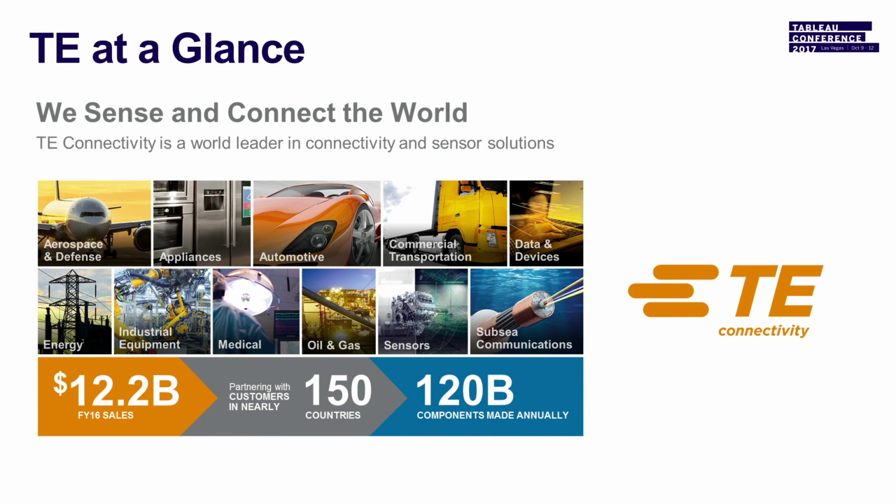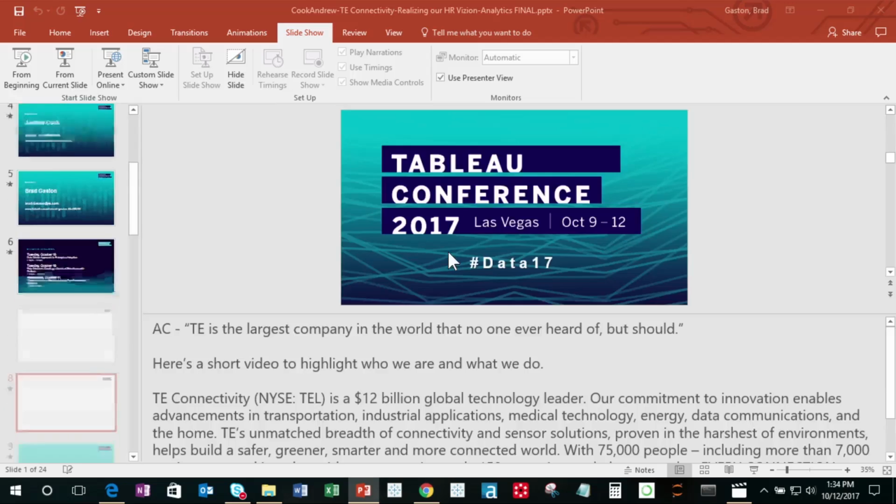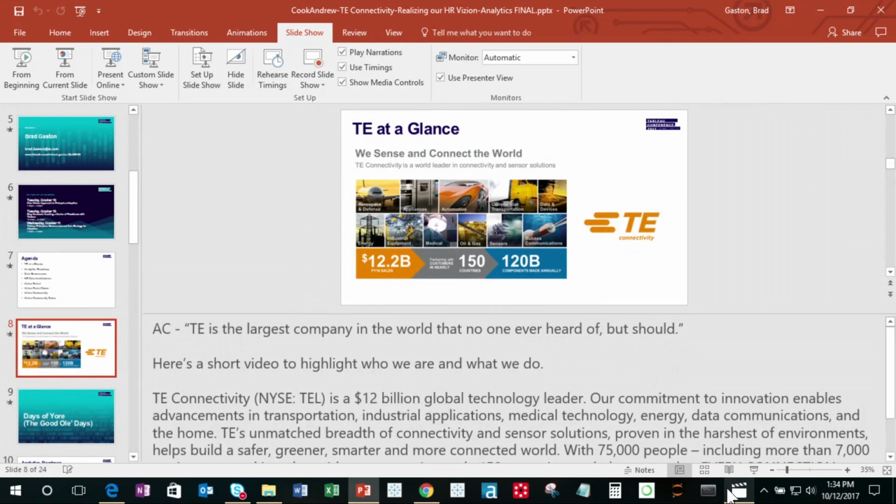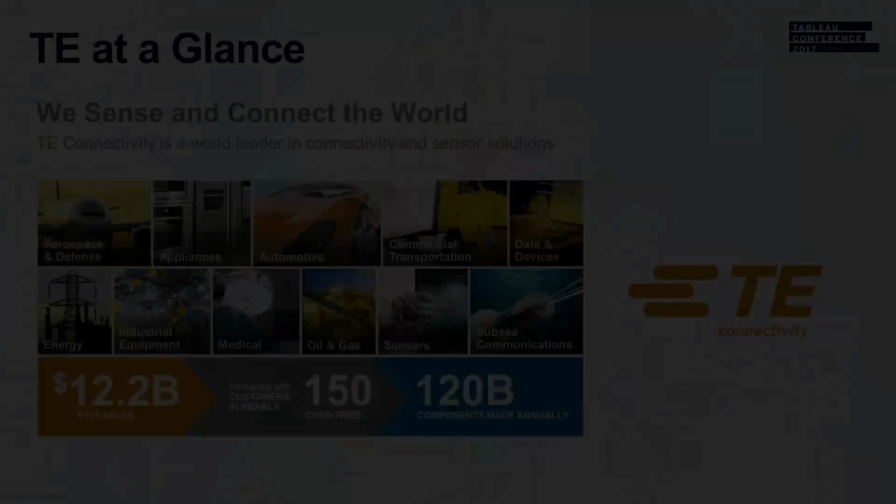And let's take a look at who we are as TE. Thanks, Brad. So before we dig into the content for today's discussion, I want to provide a brief overview of TE Connectivity, which has been described as the largest company in the world that no one has ever heard of.